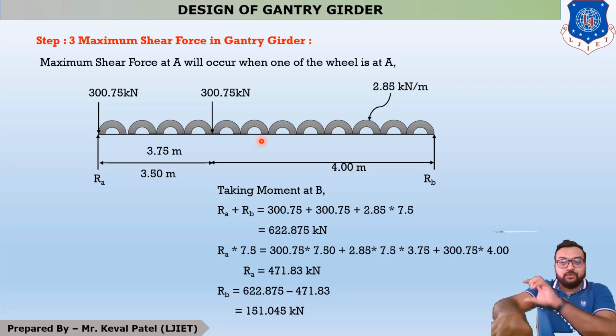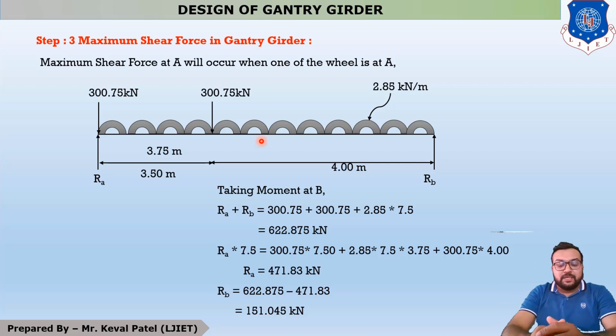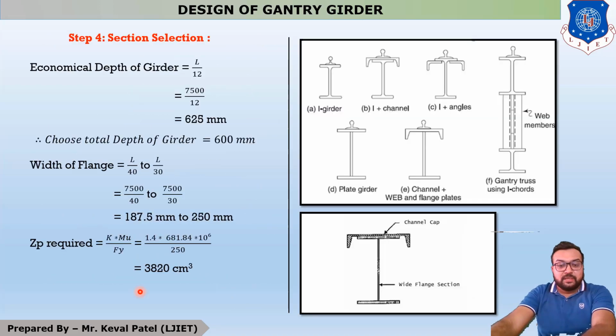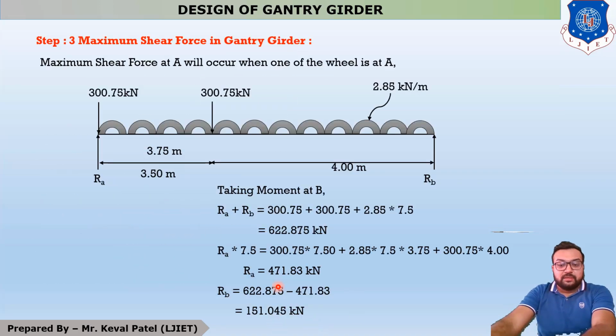You all know that the crane is moving like this, and when the crane stops at either end of the gantry girder, that is the maximum shear force, and this value is found to be 471.83. So students, this is a revision of our steps number 1, 2 and 3.